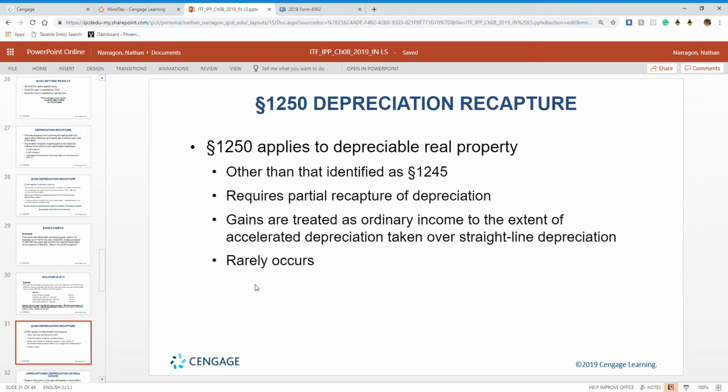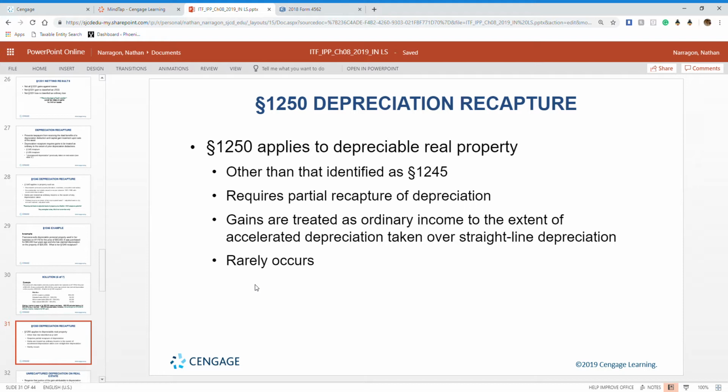So next we have section 1250, which is depreciation recapture. Section 1250 applies to depreciable real property other than that identified as section 1245.